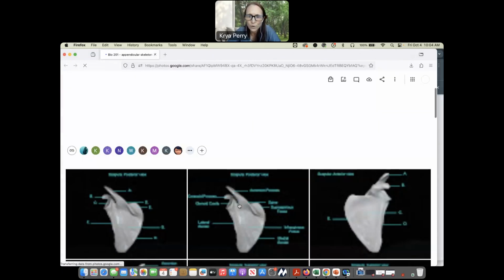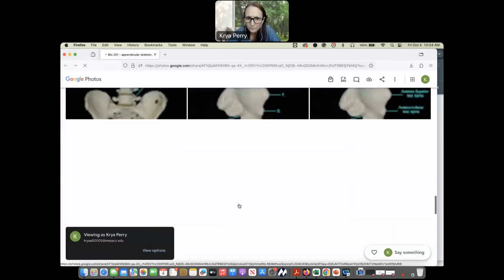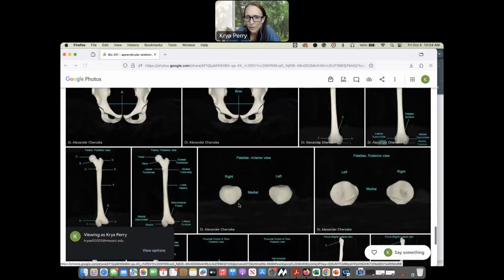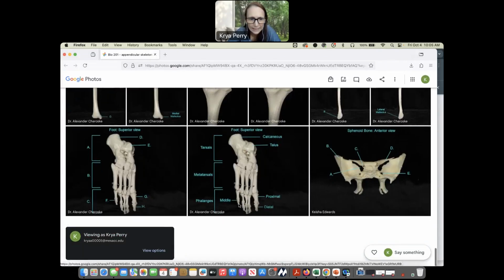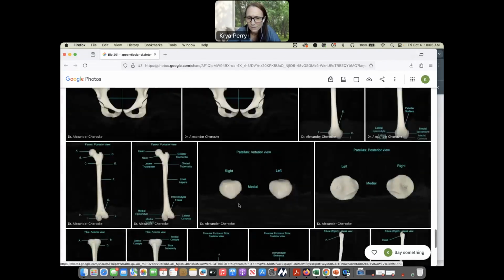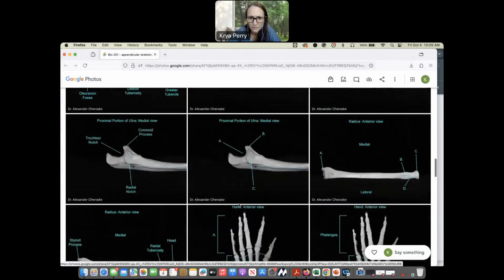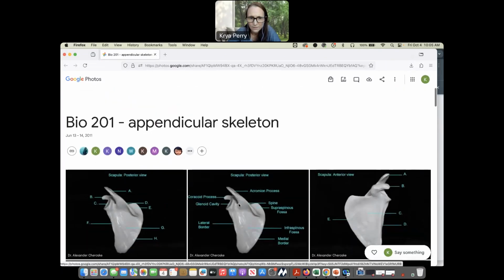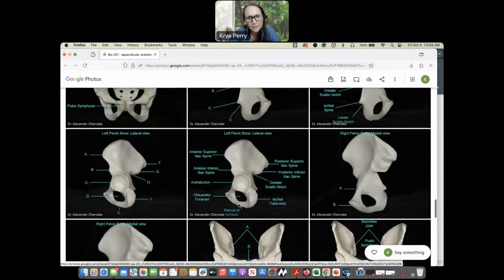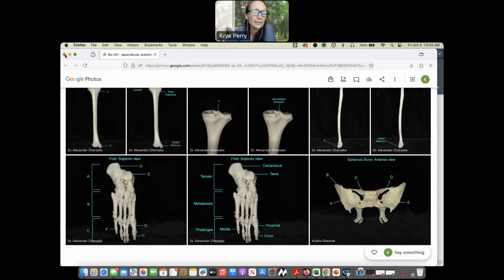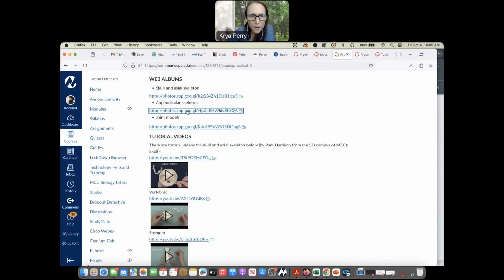You can scroll down, and we have a lot of the joint models that you just looked at. Oh, it's not linking. Maybe that one is not properly linked anymore. I'll take a look at that.